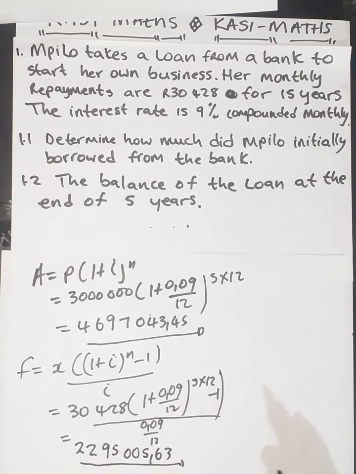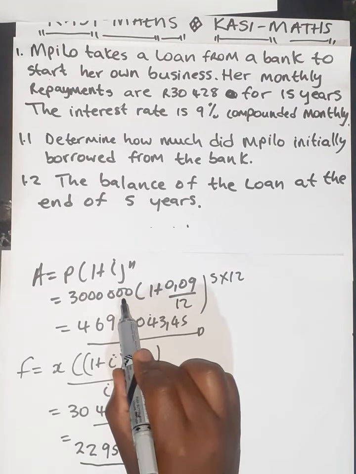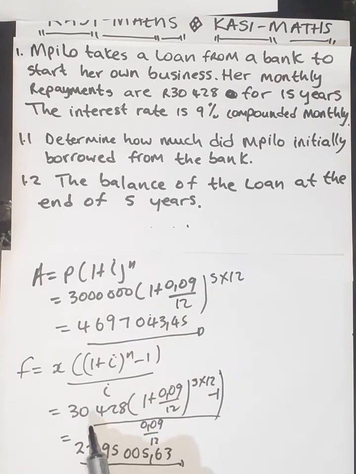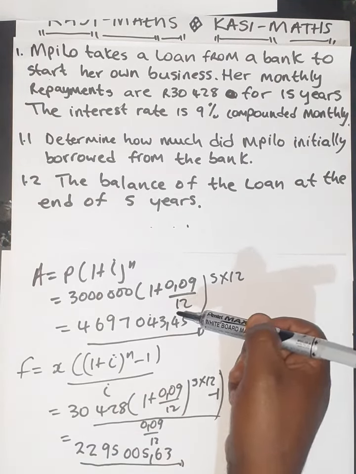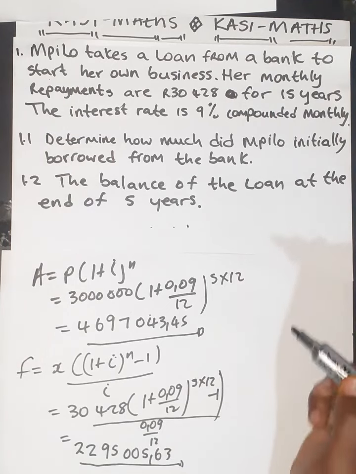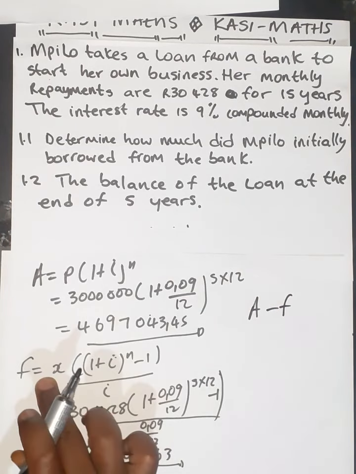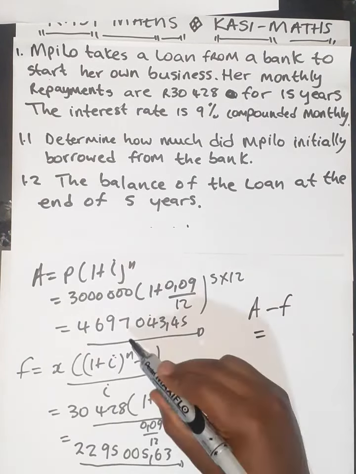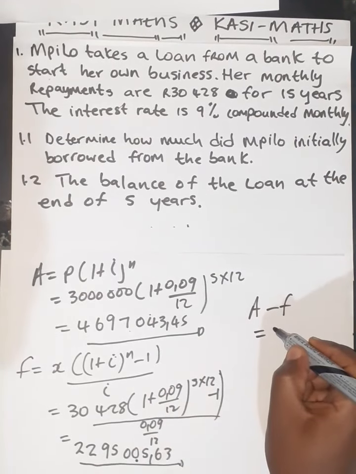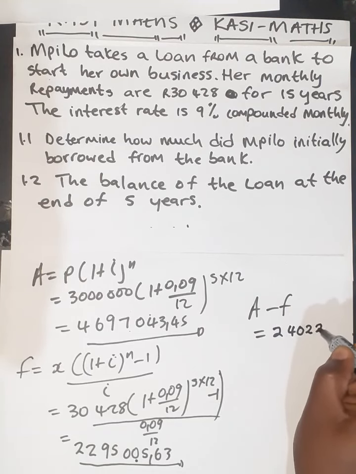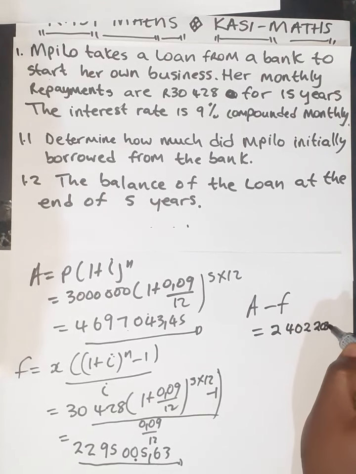So what does this mean? Over 5 years, the debt grew to 4 million, and the money she deposited every month grew to 2 million. So the loan amount minus the amount she has paid is the outstanding balance. We take A and subtract the future value, and we get 2,402 and 237, 82.